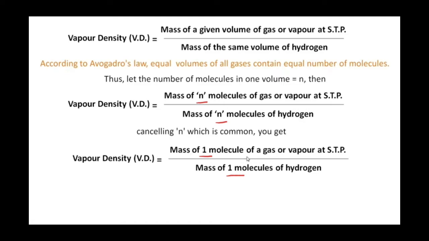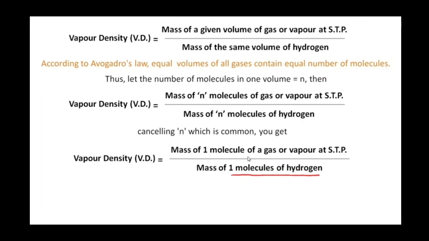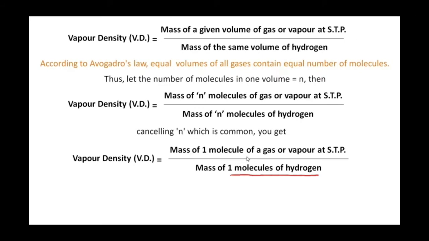When we cancel n above and below, then we'll be getting vapor density is equal to mass of one molecule of gas or vapor at STP divided by mass of one molecule of hydrogen. In the vapor density formula, we have written hydrogen molecule. What is the molecular formula of hydrogen? Yes, it's H2.